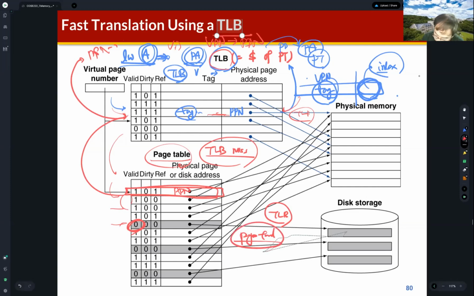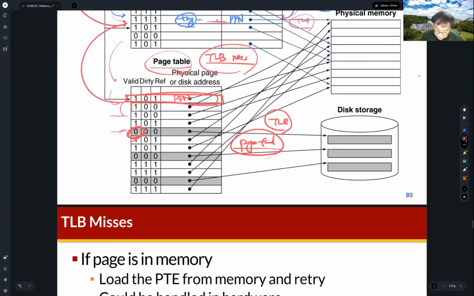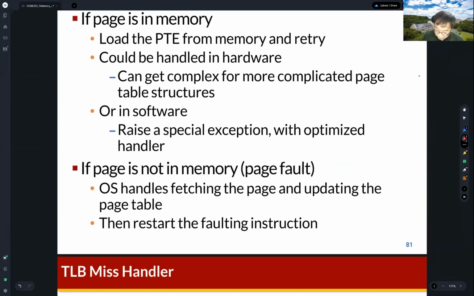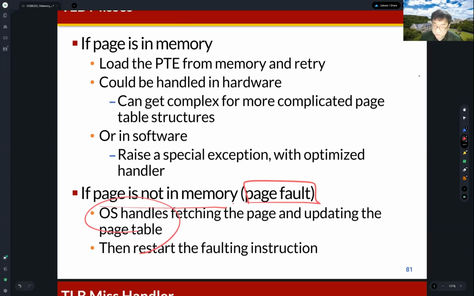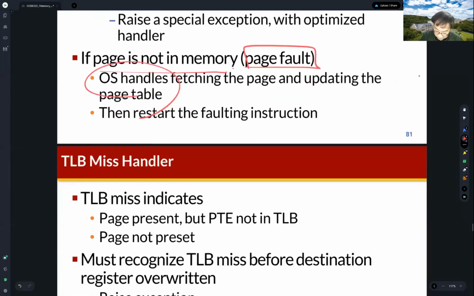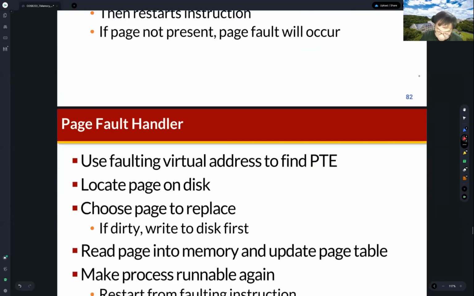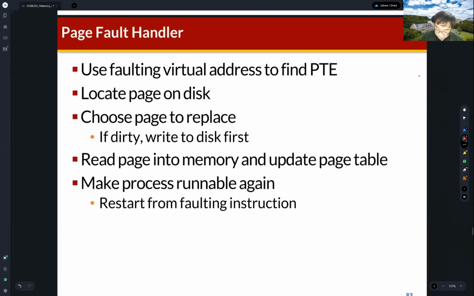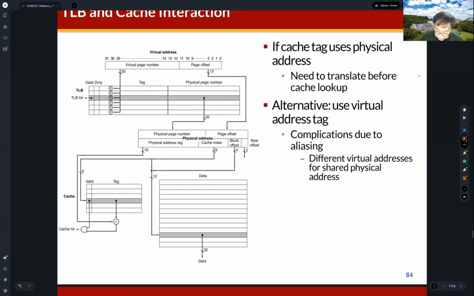Then we need to access the disk. Okay, and the disk is very slow. As I mentioned, the page is not in memory. This is the page fault. Then the operating system needs to handle this case. This is a kind of exception. Okay, so this is the page fault handler.